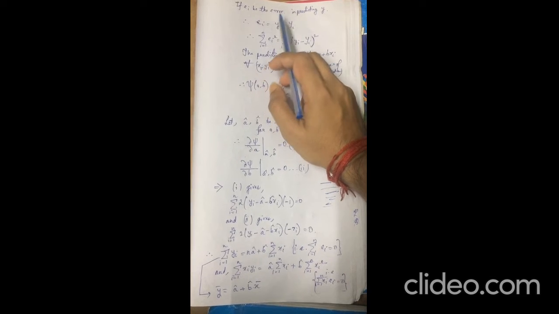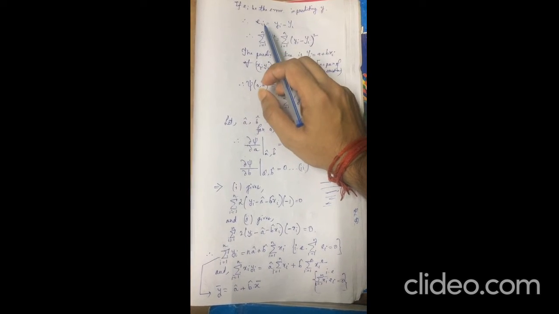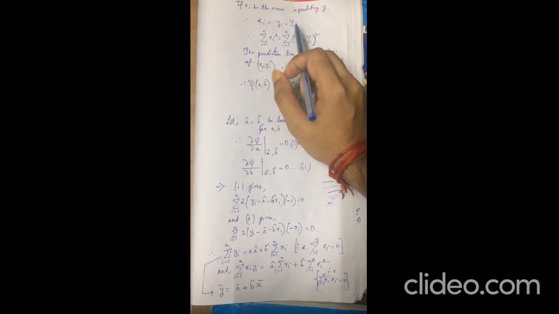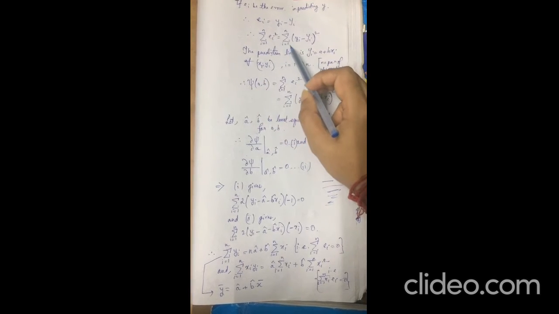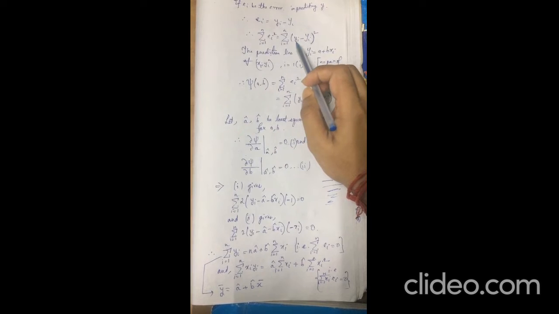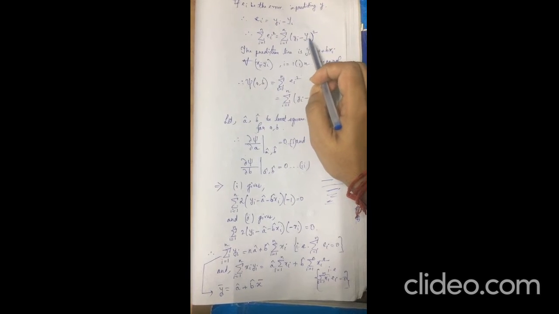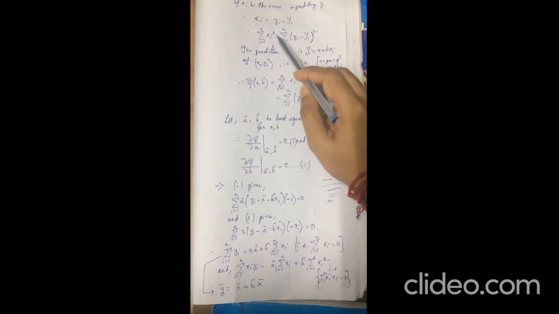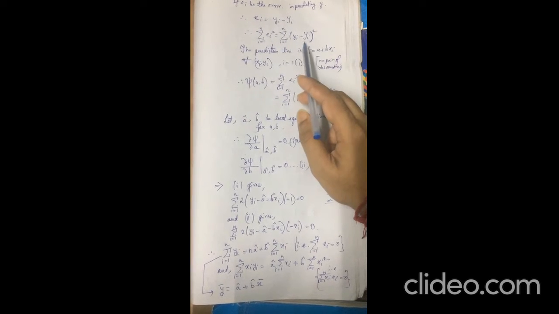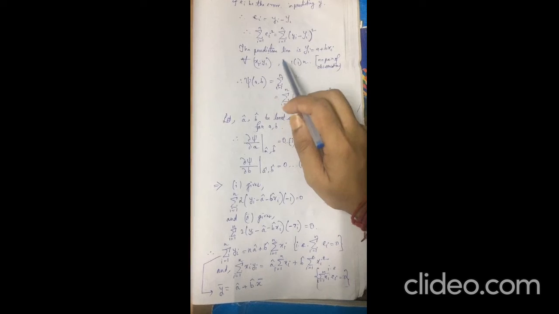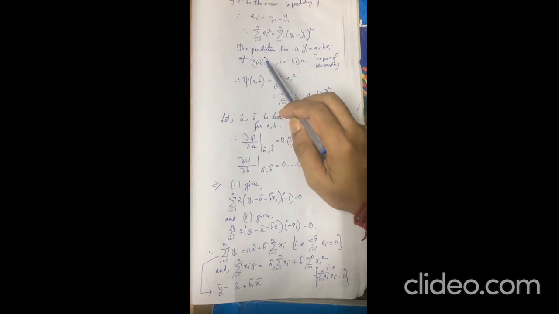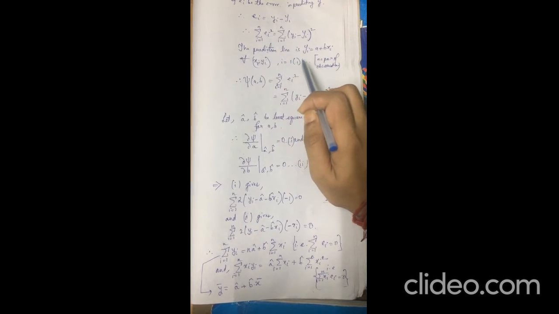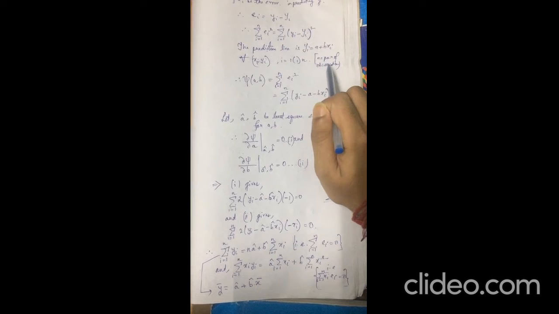If ei is the error in predicting y, then ei equals small yi minus capital Yi. The summation of ei square, i running from 1 to n, will be the summation of i equal to 1 to n of (small yi minus capital Yi) whole square. So we are trying to find the sum of squares of errors. The prediction line is capital Yi equal to a plus b xi for all (xi, yi), with i running from 1 to n; there will be n pairs of observations.